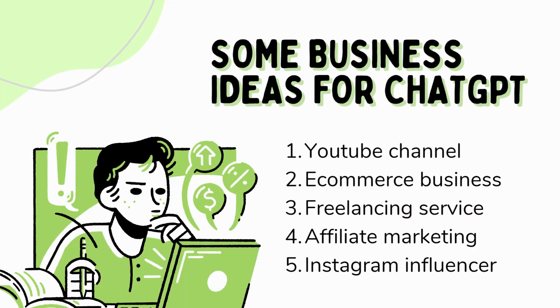Some examples of businesses are a YouTube channel where you can take inspiration from ChatGPT, and an e-commerce business where you can take inspiration for the product description from ChatGPT. You can start a freelancing service, you can do affiliate marketing, and you can also become an Instagram influencer, all by taking inspiration from ChatGPT for the content you are going to post and create.